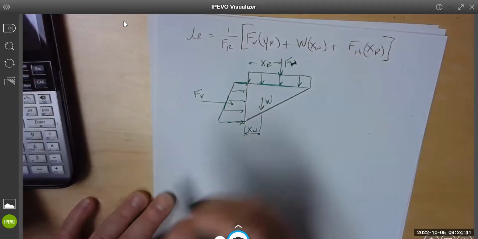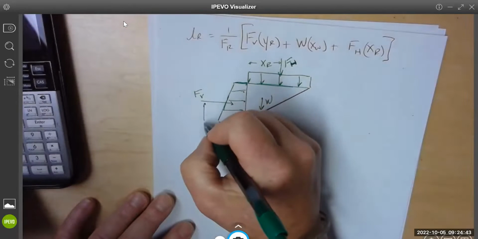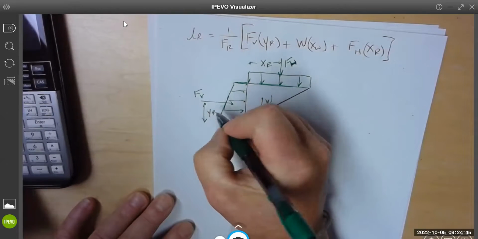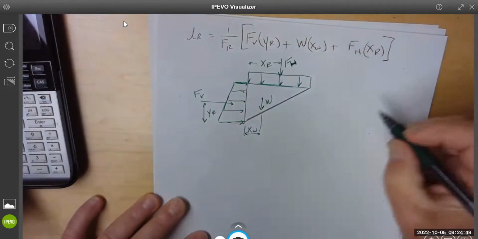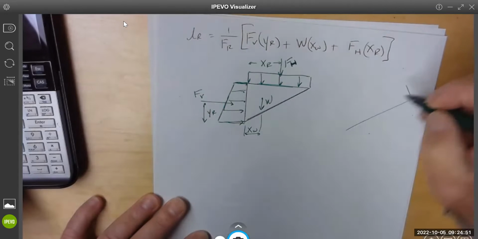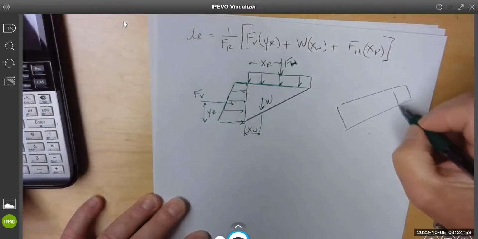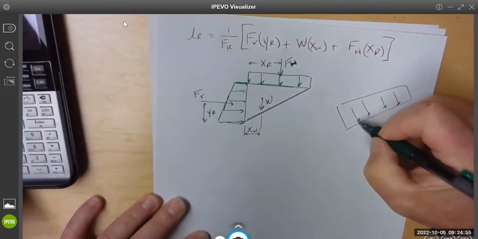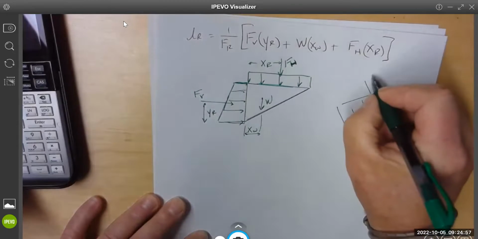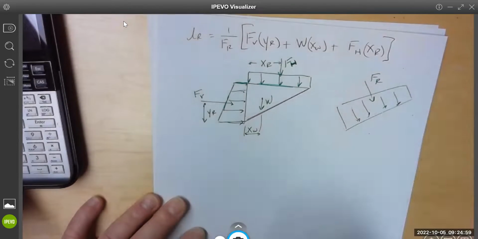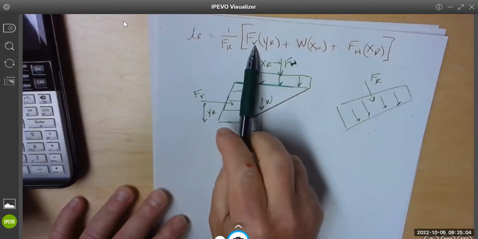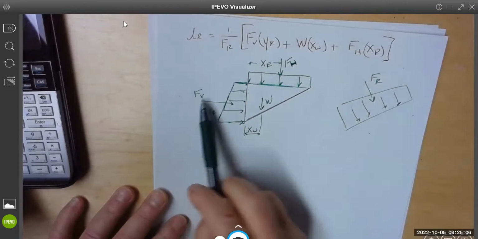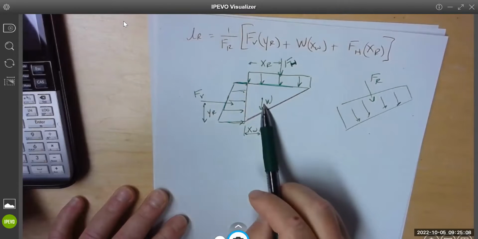And this is YR. And then we already calculated this load, and that is F sub R. So I think we got them all now: F sub R, F sub V there, W there.